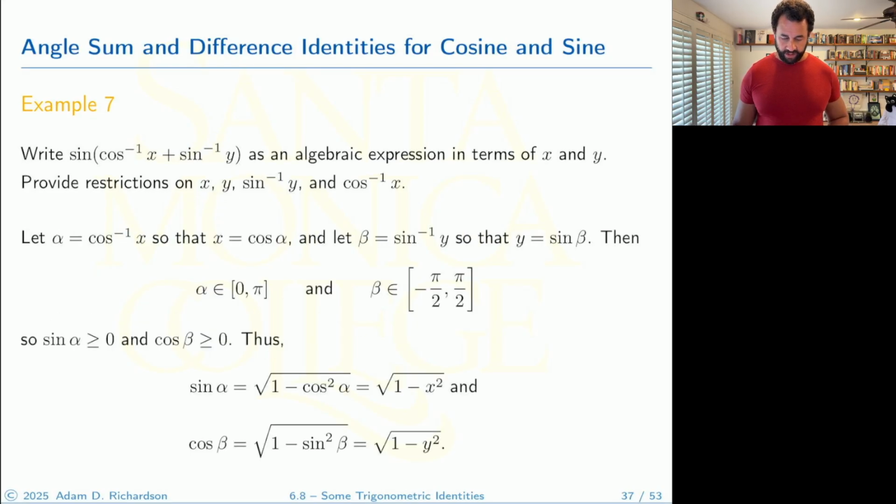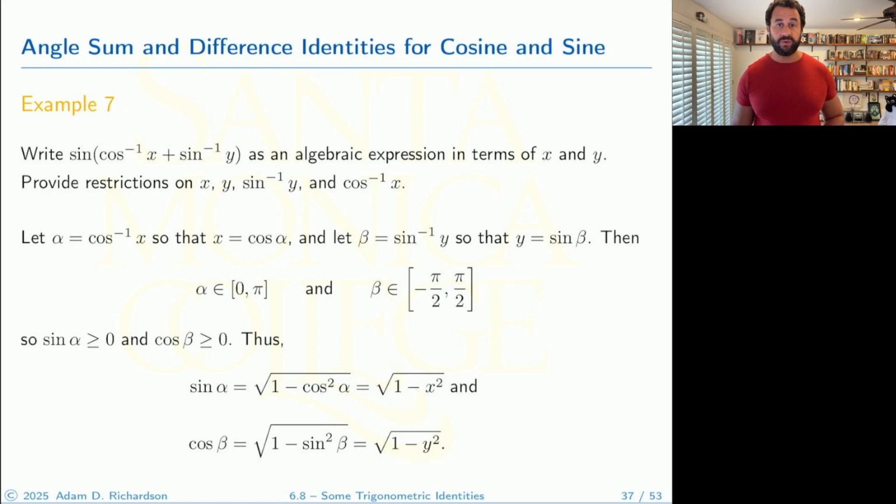All right? Now, in order to figure out what to do with these, we're going to give these angles names. So we're going to let alpha be cosine inverse of x, and in that way we get x equals cosine alpha. And we're going to let beta be sine inverse of y, so that y is equal to sine of beta.